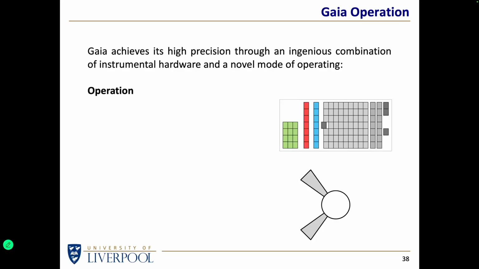And the operation is crucial to the way Gaia gets its precision. Both telescopes create star images on the same detector. At first sight, this seems rather odd. Surely if you've got two telescopes, you want two detectors so that you can see the images produced by one and the images produced by the other. No, both telescopes produce images on the same detector array.